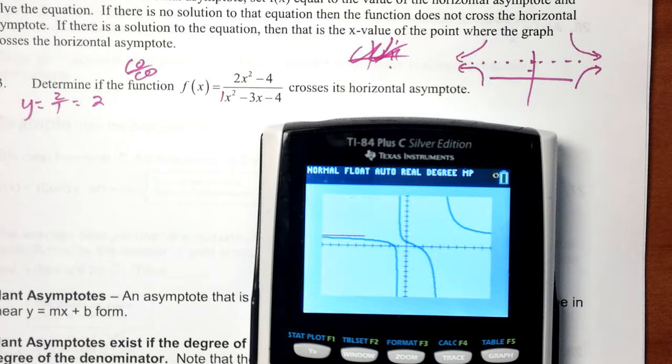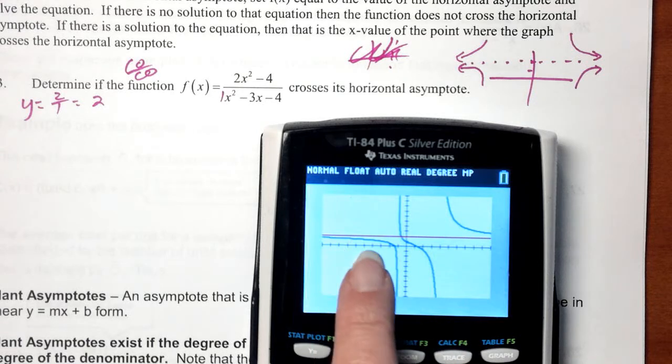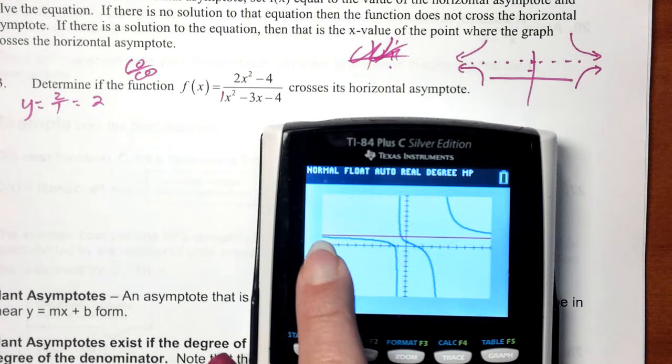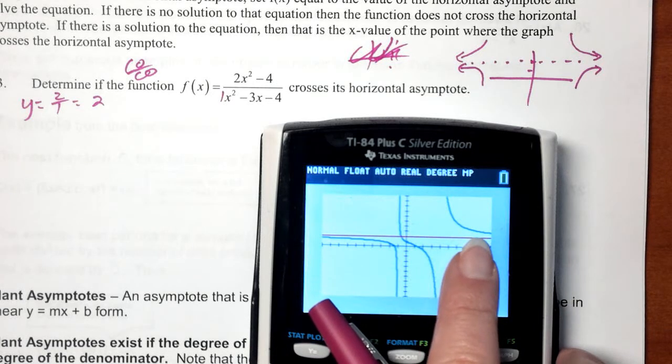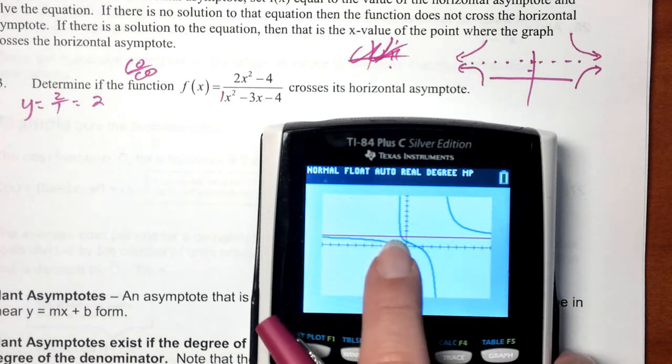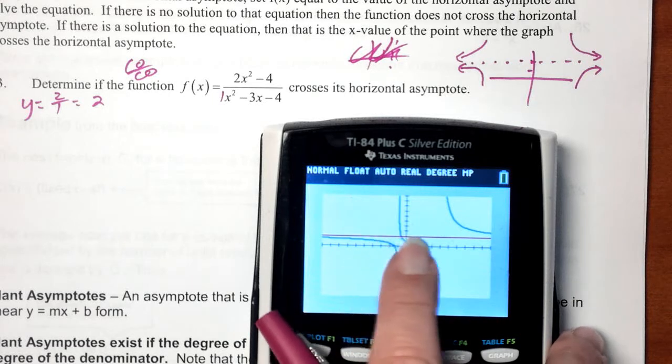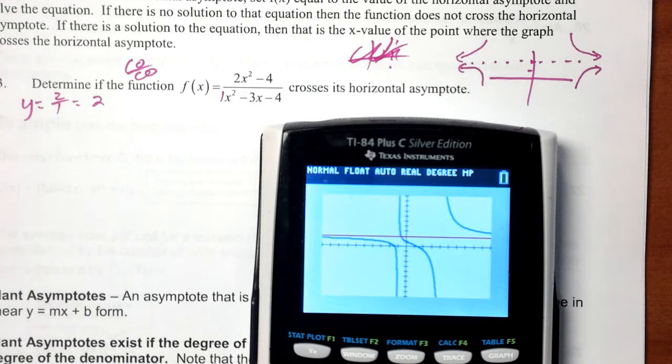And here goes our horizontal asymptote. And sure enough, on the far left, it looks like the graph is approaching the horizontal line y equals 2. On the far right, the graph looks like it's approaching the horizontal line y equals 2. But right here in the middle, the graph crosses that horizontal asymptote. Well, we said a graph can never cross a vertical asymptote, but it could cross a horizontal. So here's a case where it does.